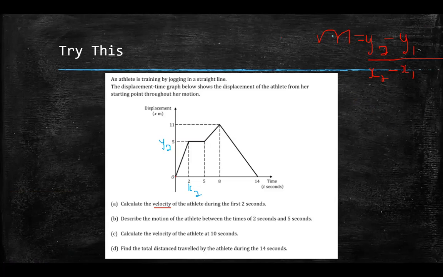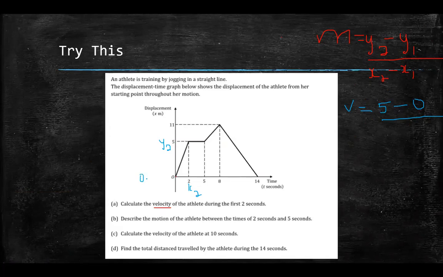So I'm trying to find the gradient. Gradient is velocity, so let me just write a v. y2 is 5. And then because this is the origin, the y1 value would be 0.